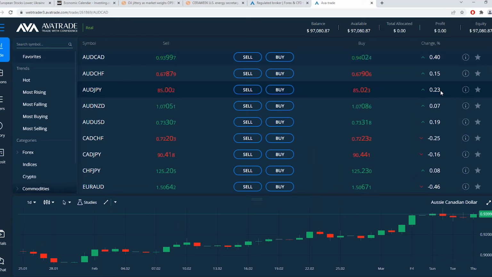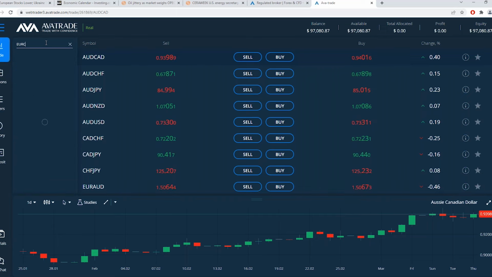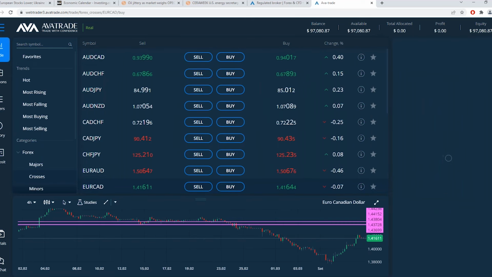The history I'm showing you there, but when you're able to combine the fundamental news with the technicals, many times it does work out that way. So if we want to look at the Euro Canadian or the Euro Australian, that can make sense. So let me go ahead. I know I cut myself off there. Let's look at that Euro Canadian.